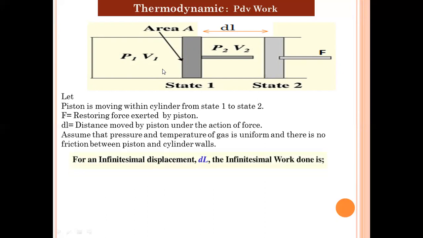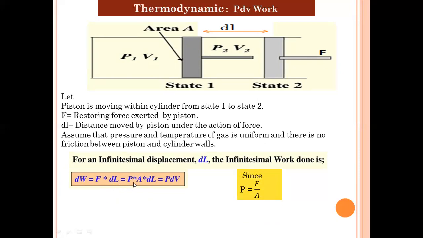So for infinitesimal displacement, means for a very small displacement of the piston, the infinitesimal work done is there, right? Very small work is there. So work done during this process, dW, can be written as force into displacement, F into displacement, that is equal to pressure into area into displacement, as F is nothing but equal to P into A. So by replacing the value of F as P into A into displacement, right?